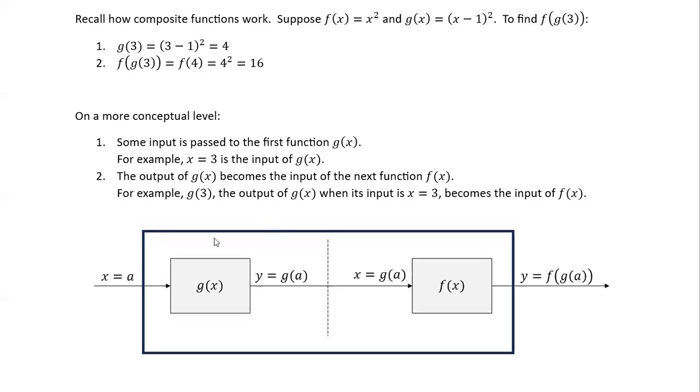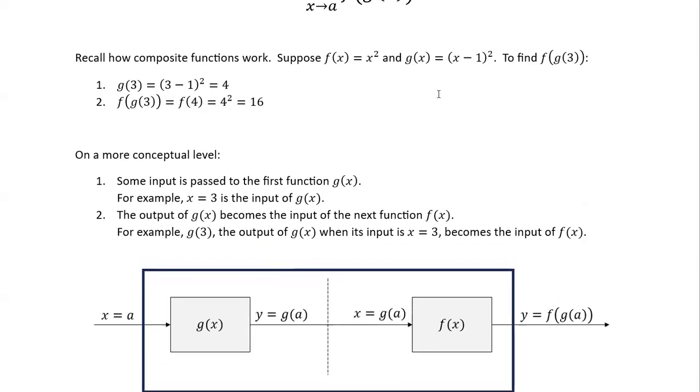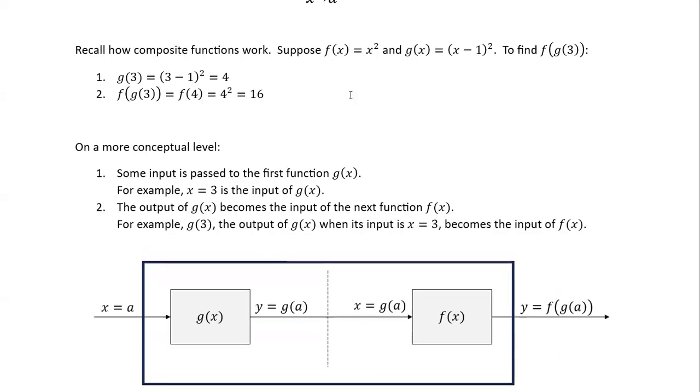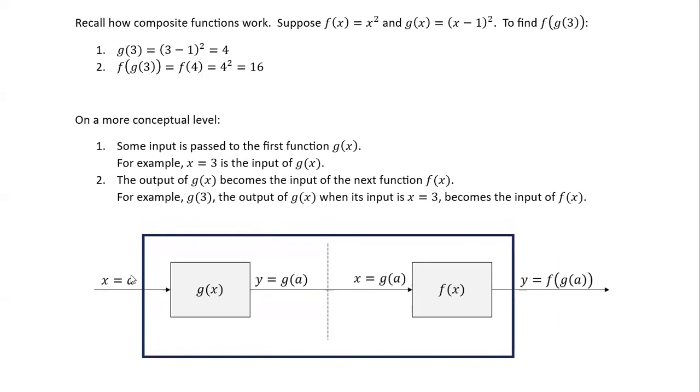So if we have g and f like before, f of g of x, okay? If we have some input like x is equal to a, we pass that input first into g. So this is a kind of a black box, a big system. But what's happening inside this big system is, when you insert x is equal to a, it first gets passed into g. g is going to do something and output something, g of a.